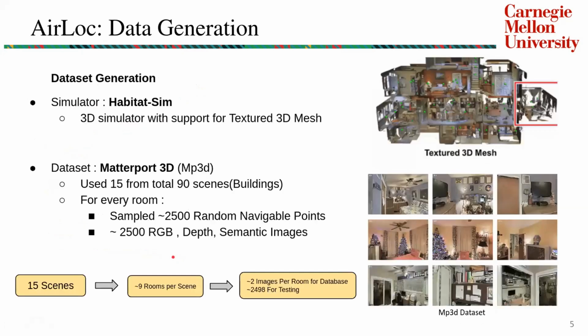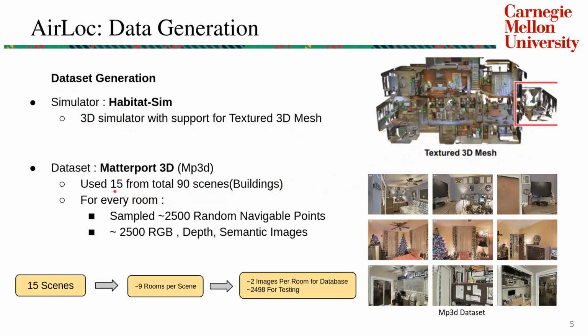To mitigate the issues with all these datasets, we generate our own dataset. We use Habitat Sim as a simulator. It supports 3D textured meshes, which look like this. We use the MP3D dataset, which has 90 such 3D textured meshes, and we select 15 of them.